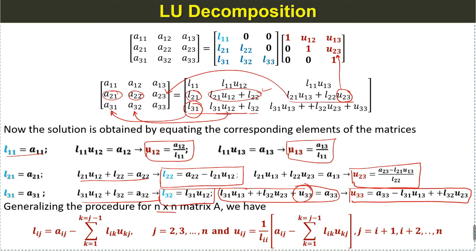Okay, so generalizing the procedure for an n by n coefficient matrix, we can find the values of the lower triangular matrix by this form, and by this generalized form for the upper triangular matrix. Okay, so after obtaining the lower triangular matrix and the upper triangular matrix, or the decomposition of the coefficient matrix into the upper and lower triangular matrices, we apply the forward substitution and the backward substitution to find the values of the system of linear equations.